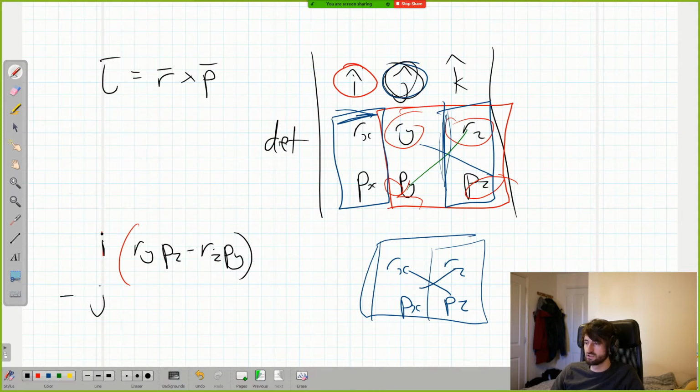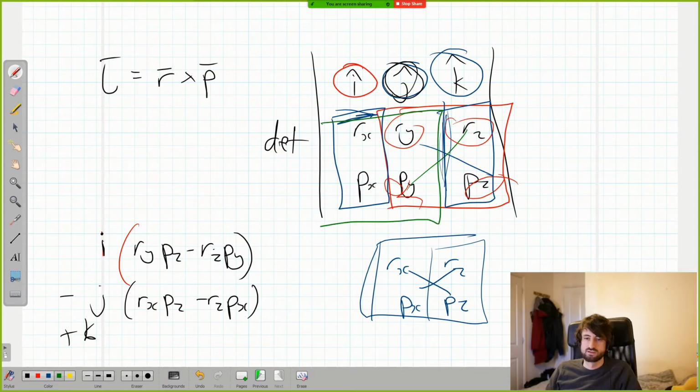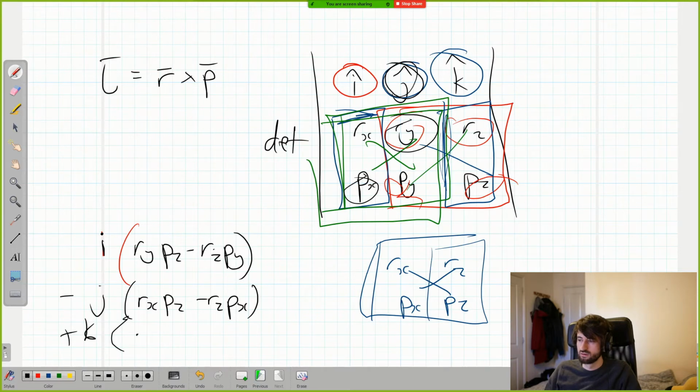So that's minus j times (rx pz minus rz px), and then plus k, we grab this as a matrix, so now we've got rx py.